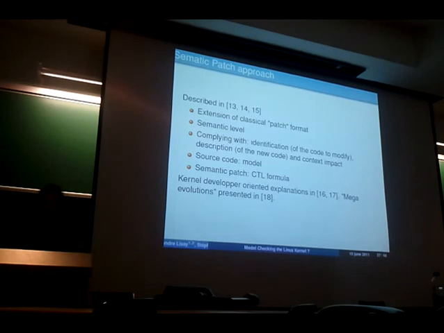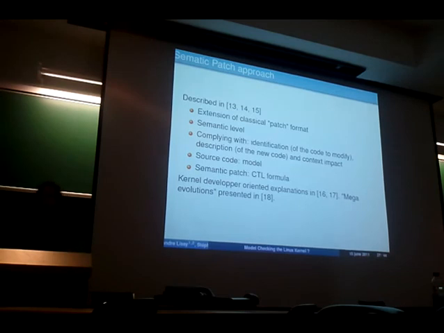So a semantic patch is quite easy to understand. It's just that you take a patch, you remove the line references, and you add wildcards to it. So basically, instead of having the context specified by lines, it's specified by variables or identifiers.